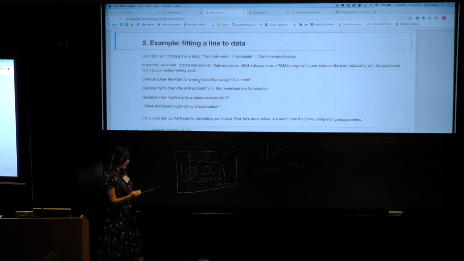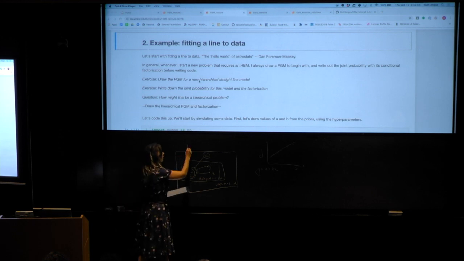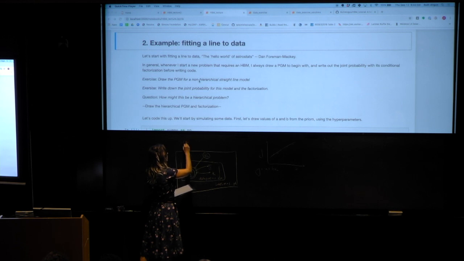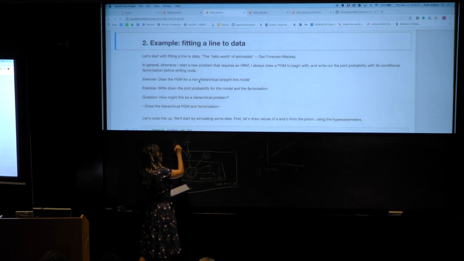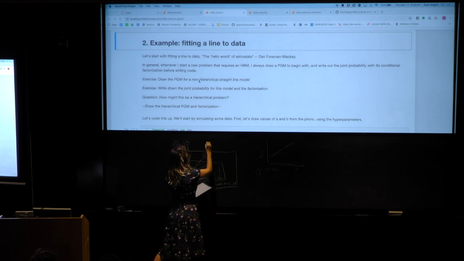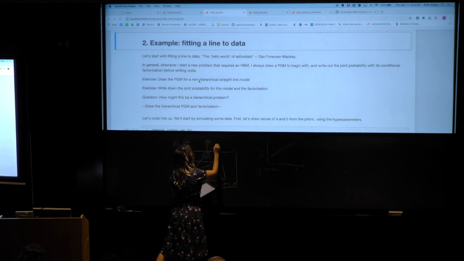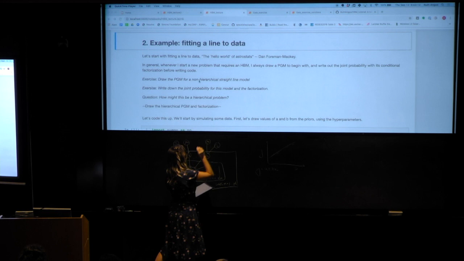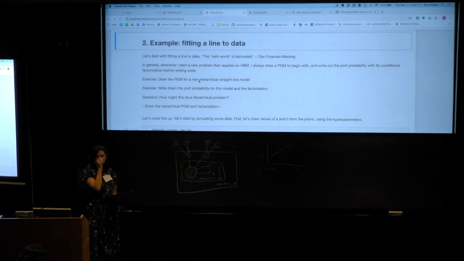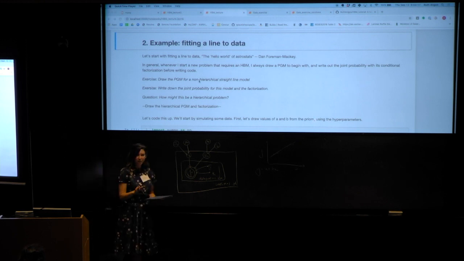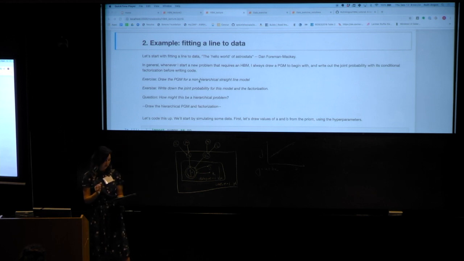But these slopes and intercepts are drawn from priors, from Gaussian distributions with a mean and a standard deviation. Okay, so this is a little bit like the H0 problem, but with the H0 problem, we just looked at the slope. So now if we were to add the intercept, that's kind of similar to what we're doing here.